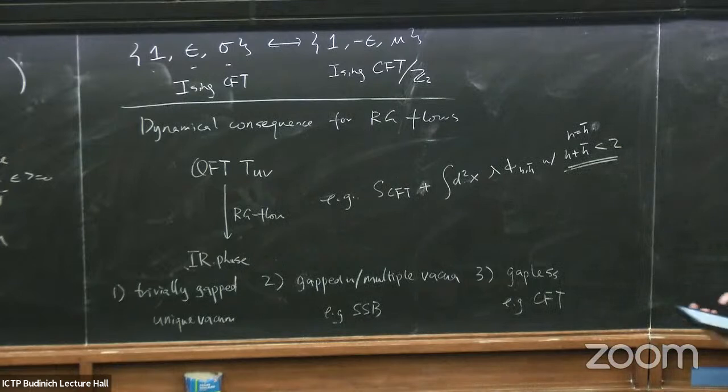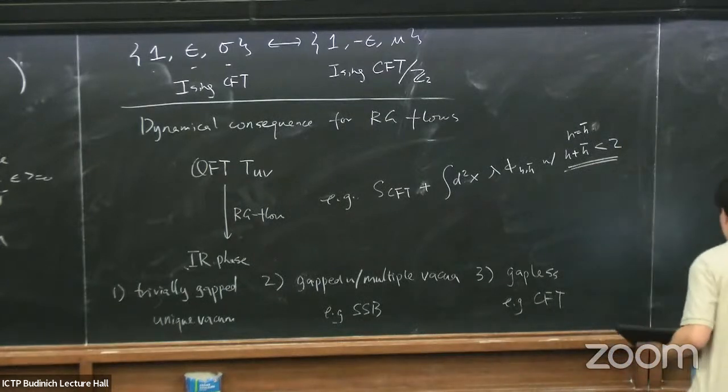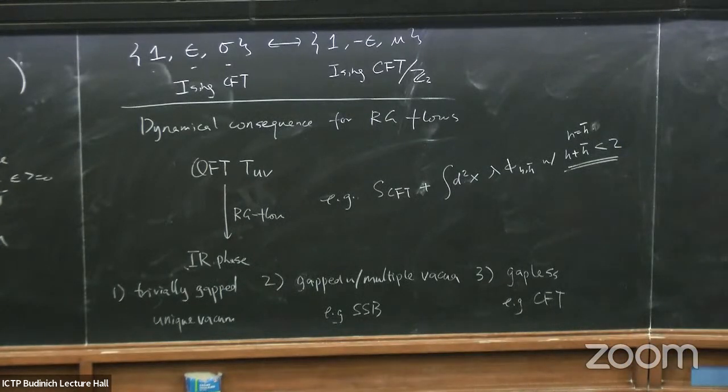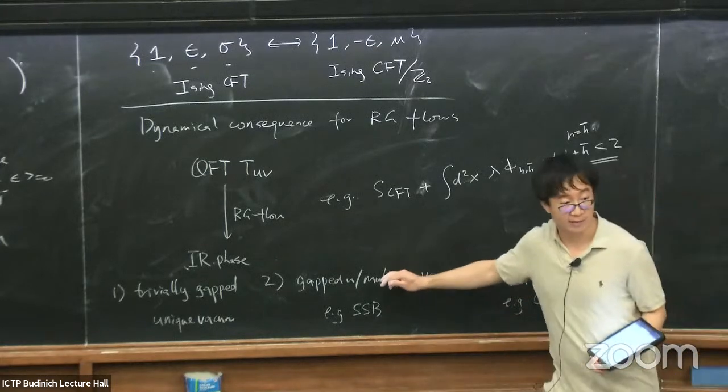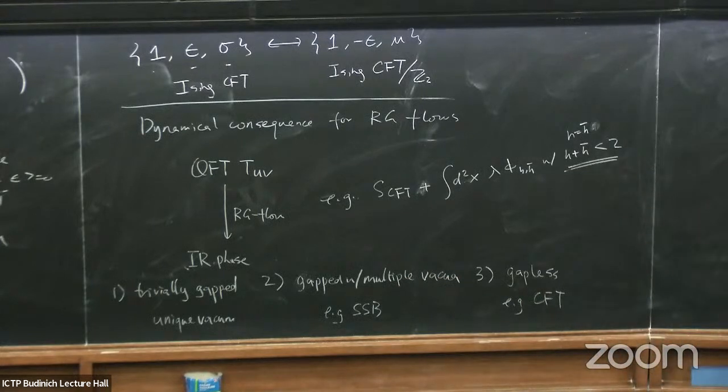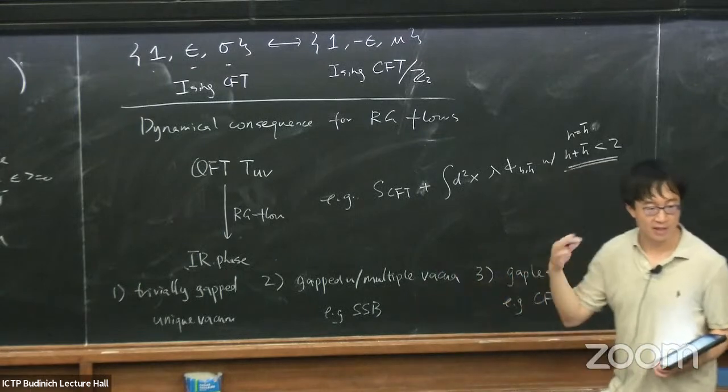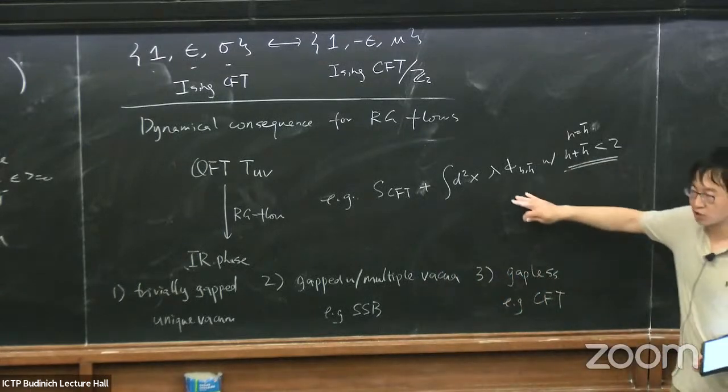Okay, so symmetry that's preserved by RG flow generally leads to constraints on what the IR phase diagram may look like. Okay, and here we want to consider this non-invertible symmetry. So we first need to introduce in what sense is non-invertible symmetry preserved by RG flow of this form.